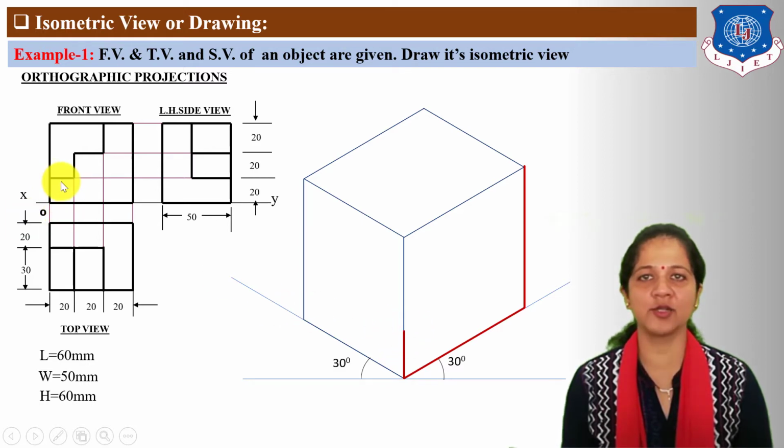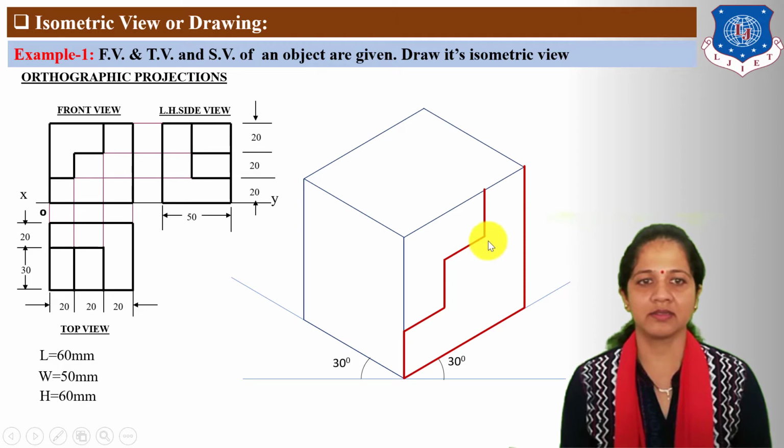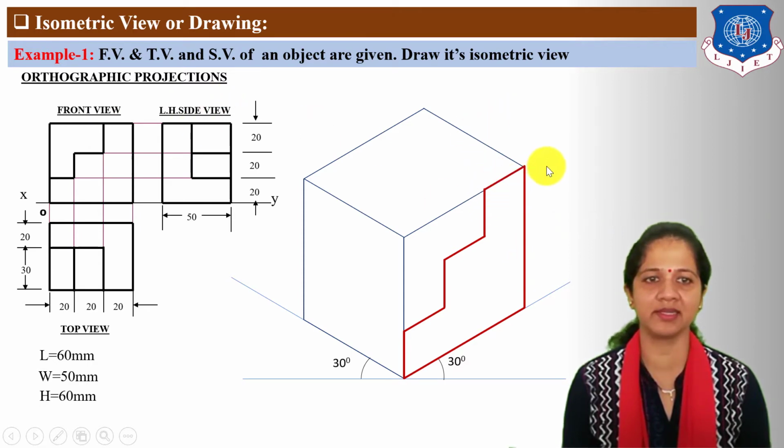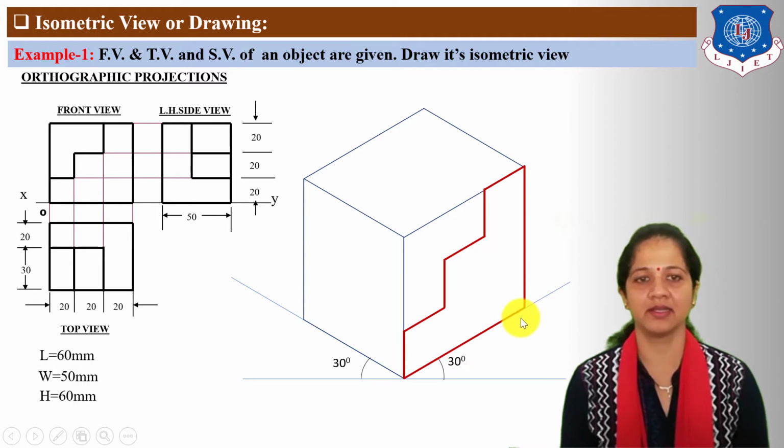Next, draw a 20 mm length line parallel to the length line. From this point, draw a 20 mm height line parallel to the height line. From this point, draw a 20 mm length line. Next, from this point, draw a 20 mm height line parallel to the height line. Next, draw a 20 mm length line parallel to the x-axis or length line.